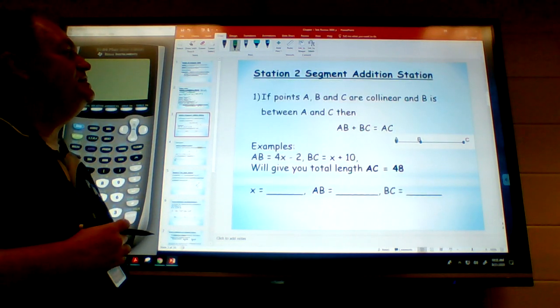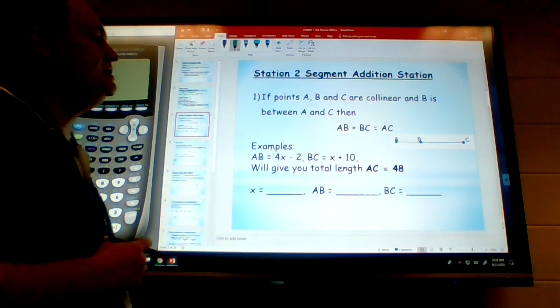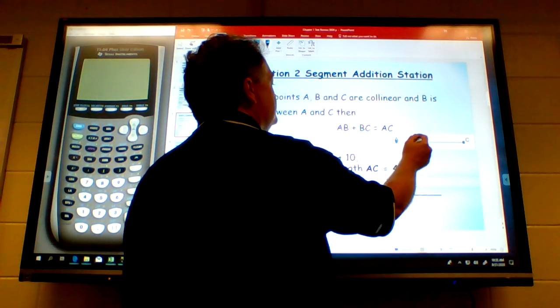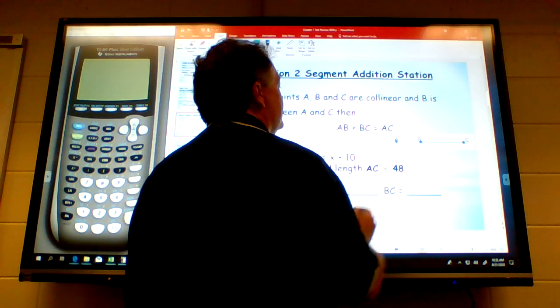Station 2 is the segment addition postulate. With the segment addition postulate, you simply add one segment to another segment to form an entire segment.